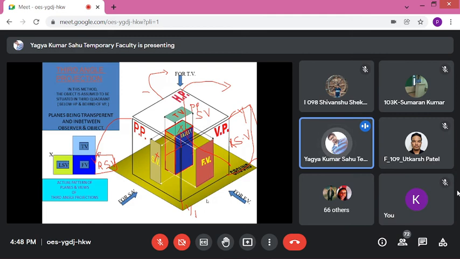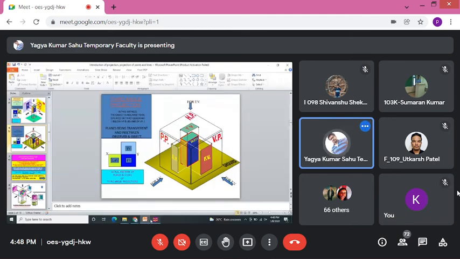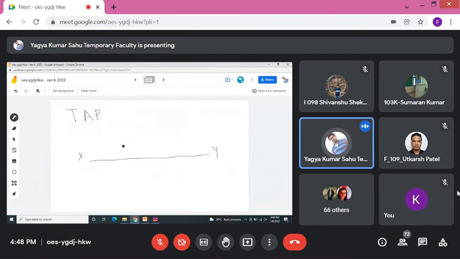Okay. So in case of third angle projection, if you draw all the things here, x2, y2, this is x2, and this one is y2, this is x1, and this is y1. So what about the views above xy?